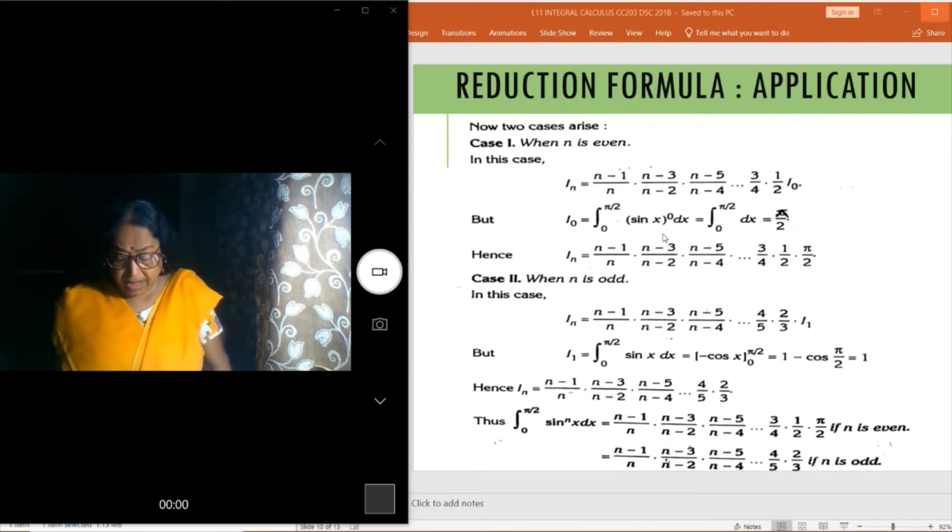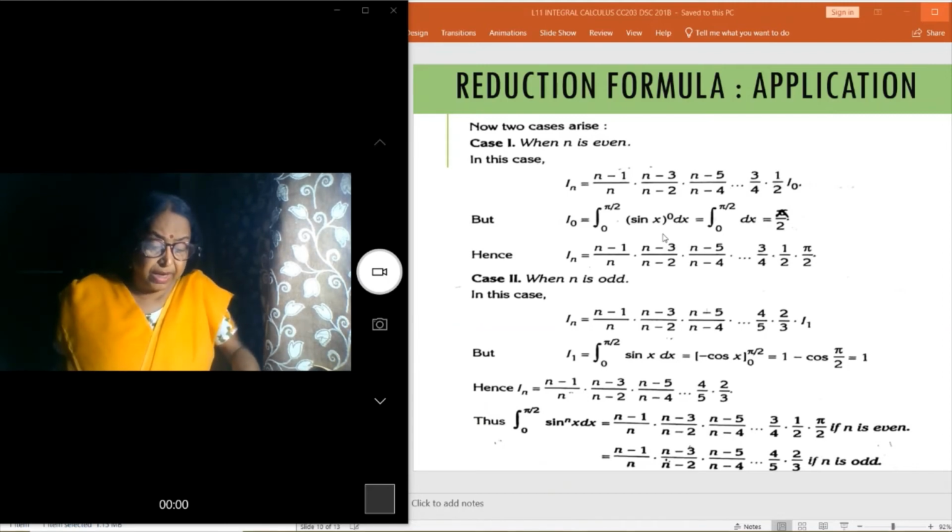So when n is odd, this value becomes whatever you can see on your screen. Mind it, when n is even, the last value is half into pi by 2, but when n is odd, the last value will be 2 by 3.